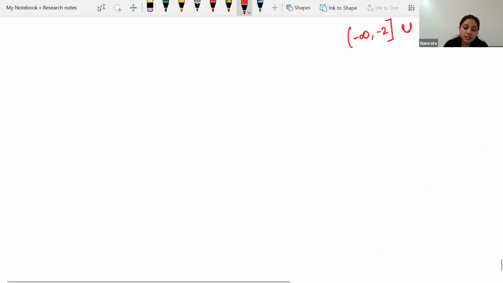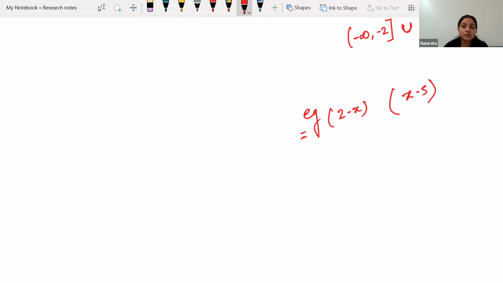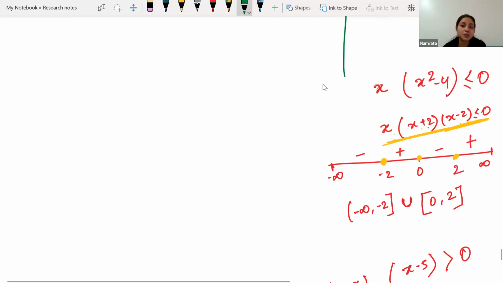And our next inequality is 2 minus x, x minus 5 is greater than 0. Now wavy curve method says that every term must be factorized, but one more condition is there, x must be positive. In each and every factorized form, x must be positive.